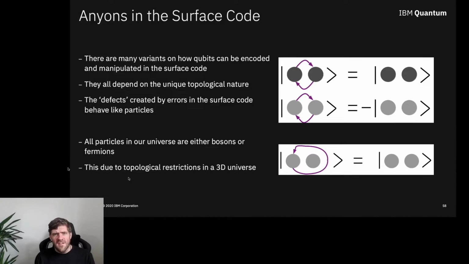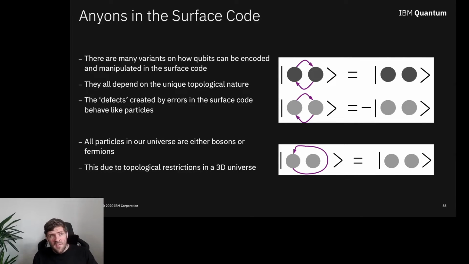Also beyond this lecture is talk about anyons, but let's do a little bit of it anyway. These hints that we create, when we do an error, we create this pair of hints, and these can be moved around. They're kind of like particles. And we find that they're actually a type of particle called anyons. So they're not bosons or fermions, because they don't obey the exchange statistics of bosons and fermions.